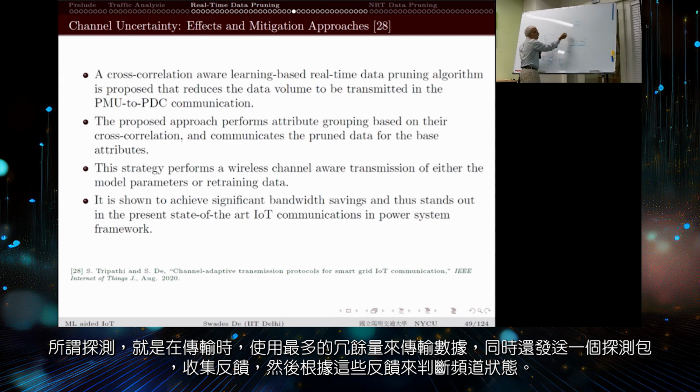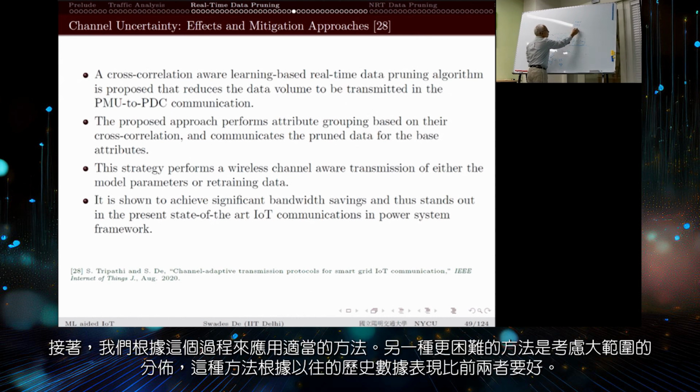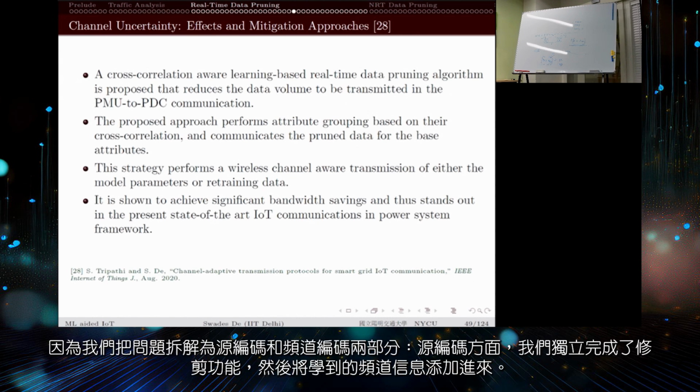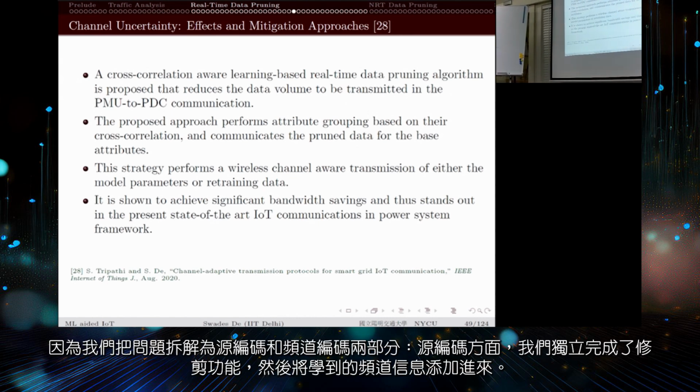And the third approach we considered is a learning-based approach. This has its own trade-off based on the previous histories and so on. It has been shown to perform better than these two. Of course, it has a problem in that the computation overhead increases. So we did something here, but again there is room to improve, because here we have broken the problem into source coding and channel coding.